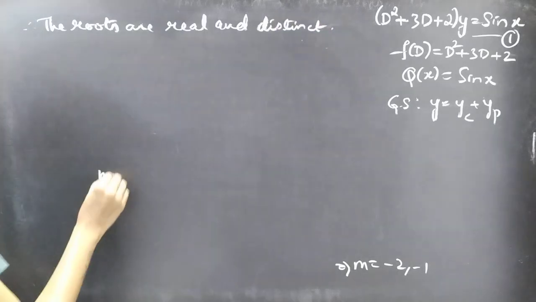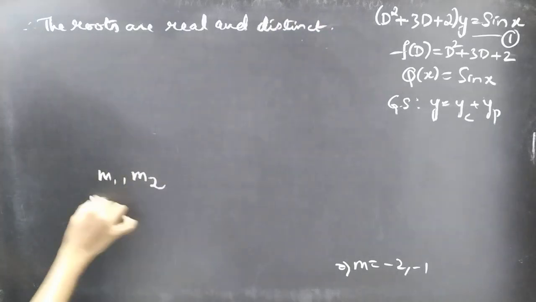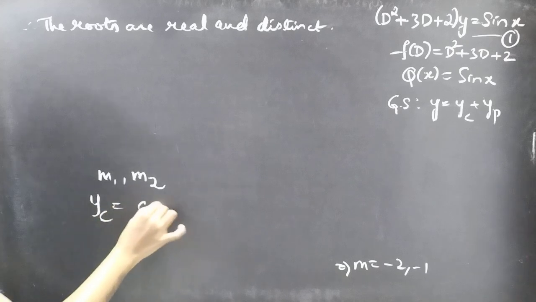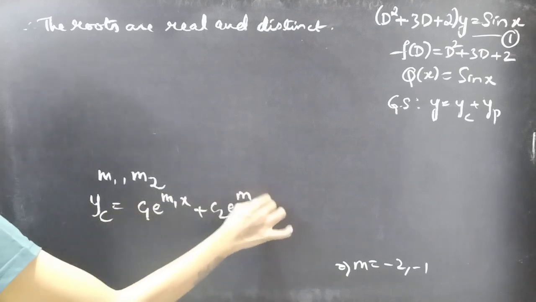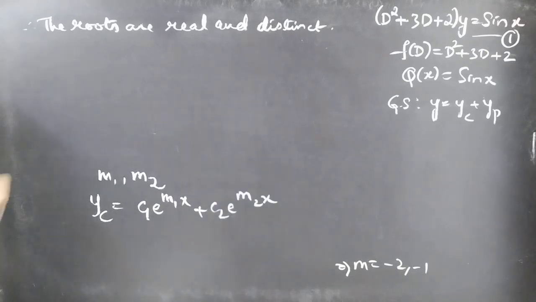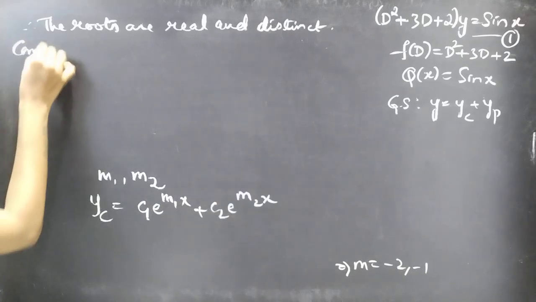We know that when two roots, say m1 and m2, are real and distinct, then yc looks like one constant times e to the power of one root times x, plus another constant times e to the power of the other root times x. Now using this formula, we'll write the complementary function.